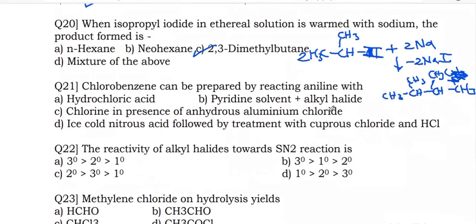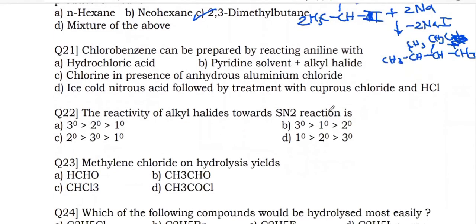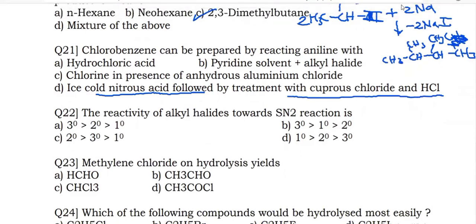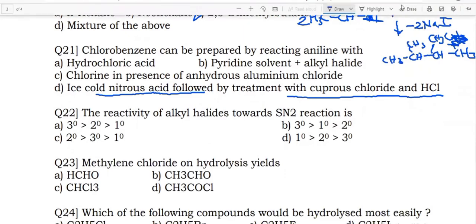Question number 21. Chlorobenzene can be prepared by reacting aniline with... first we treat it with ice cold nitrous acid, followed by treatment with cuprous chloride and HCl. That's a Sandmeyer reaction. So your option D is correct.